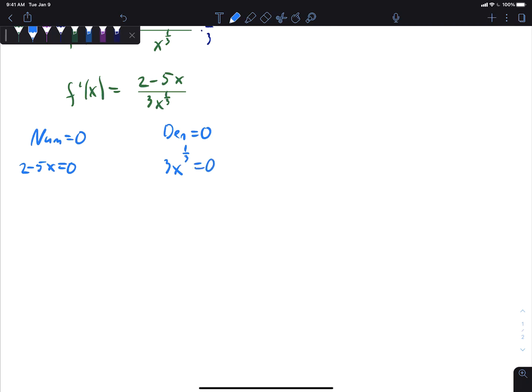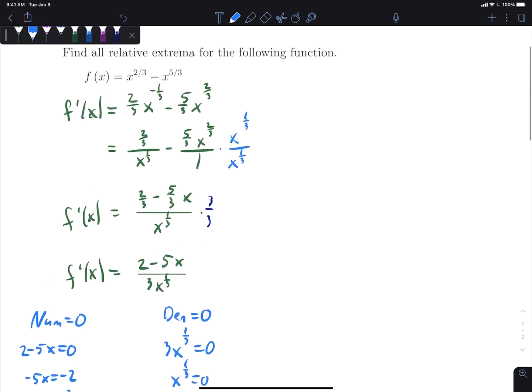Solve: subtract 2, makes that negative 5x equals negative 2, and then divide by 5, so x equals 2/5. For the other one, divide by 3, so x to the 1/3 equals 0, which means x equals 0. So we have two critical numbers here, 0 and 2/5.